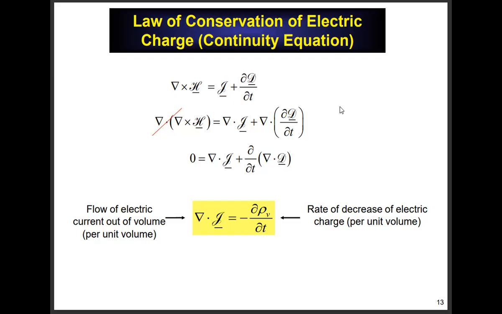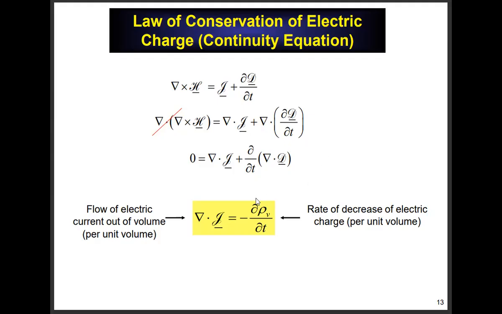One says the divergence of any curl is 0. The other says the curl of any gradient is 0, but we don't need that one right now. But the divergence of any curl is 0. So that's neat, that's gone. So there's 0 there. And then of course the divergence of these two terms.